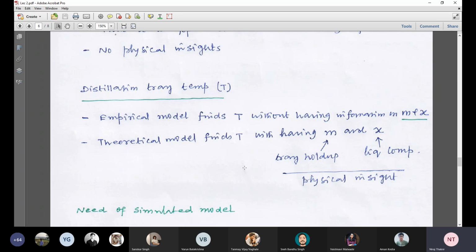So this is known as a simulated model or maybe a simulator. Now the question is, what is the need of this simulator? Why do we need these simulators?